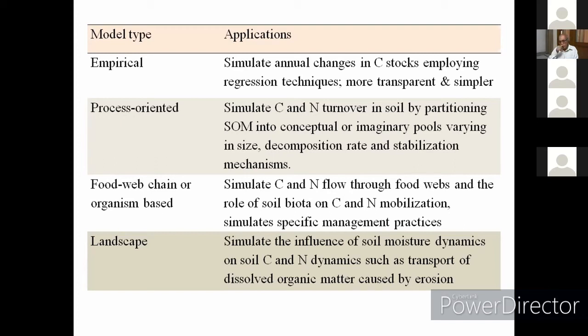But the major issue with these models is that there have been many modeling exercises where different models have been compared. The process-based models bring us to an important point that these pools, so-called conceptual pools or imaginary pools, as I say, sometimes many of these pools are not measurable.